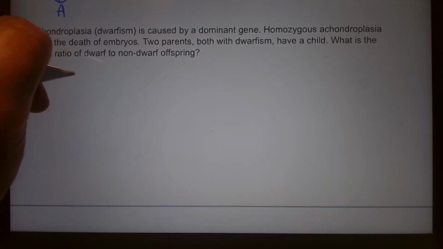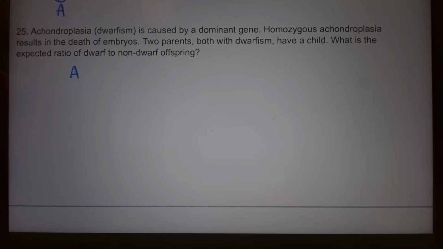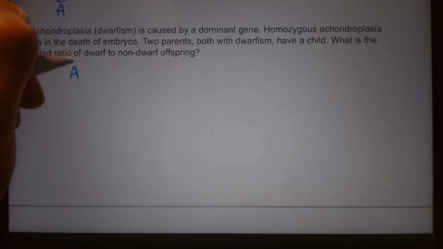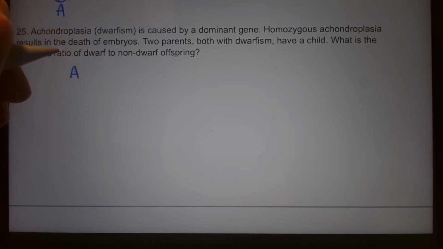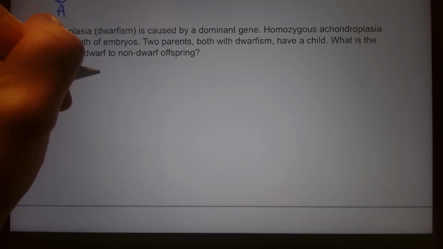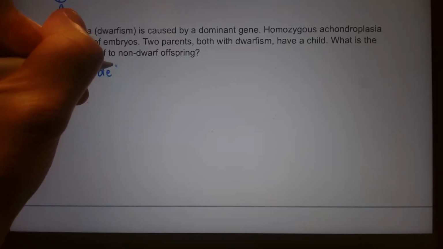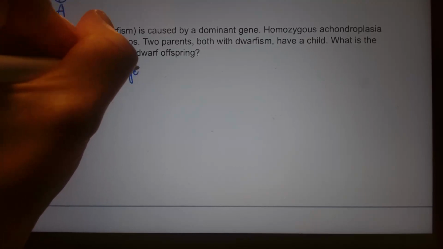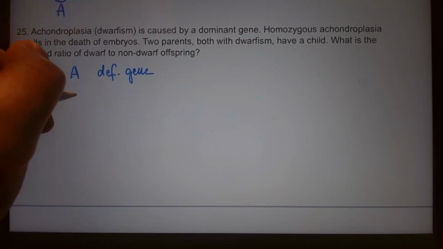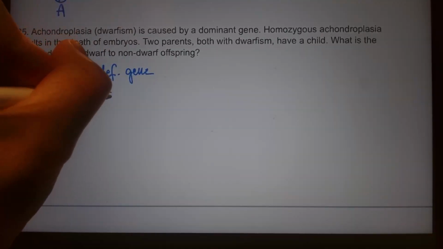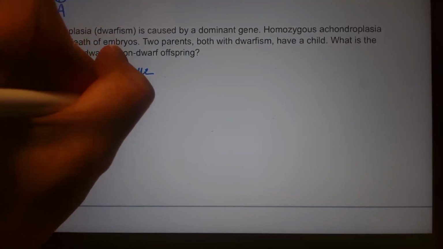Capital A stands for the achondroplasia gene, the defective gene, and lowercase a is the normal gene.